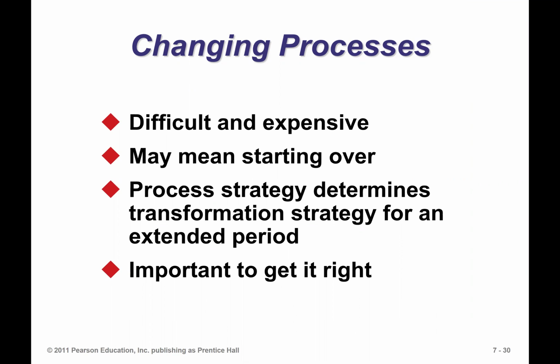So process strategy determines transformation strategy for an extended period, right? So once you plan to change your process, you want to look long term, 5 years and beyond. You're not changing your process for a week or a month or a year. You must look at it long term if you plan to change your process. So that's why it's important that you get it right. Okay.